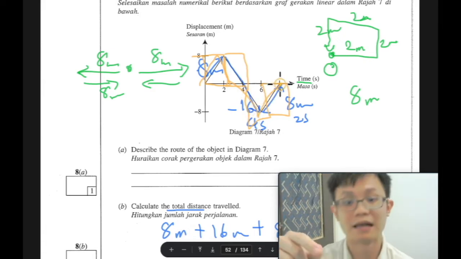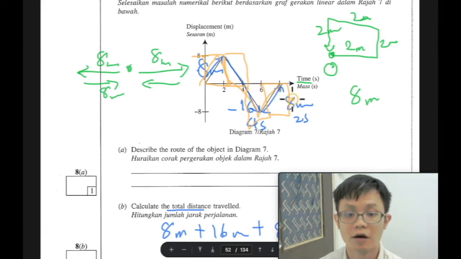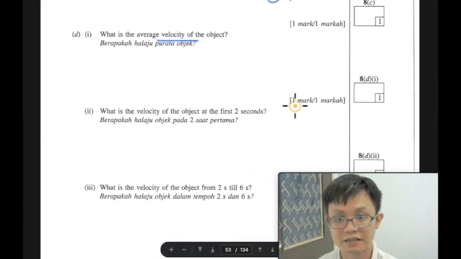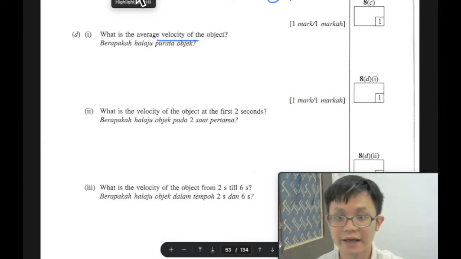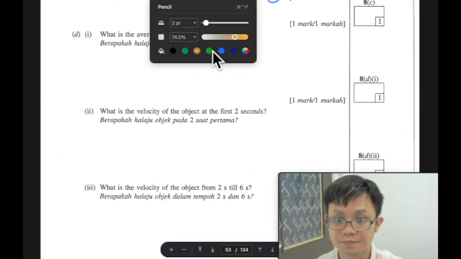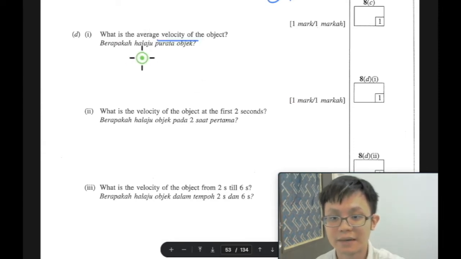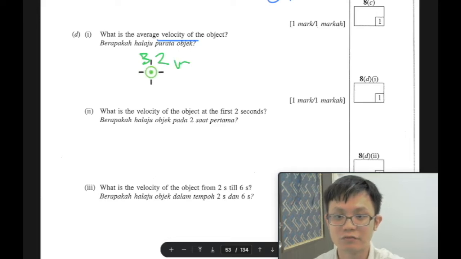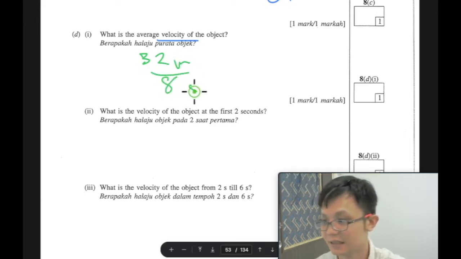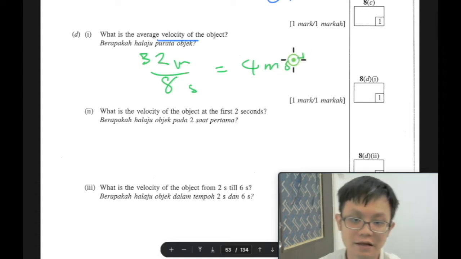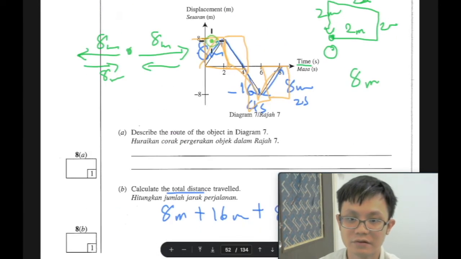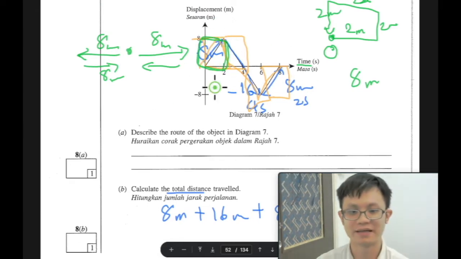He got an average velocity of 4. Of course you can write 32 meter divided by 8 seconds, so you still get 4 m s negative 1. But if you look here, you know already. I don't know whether you can see my drawing, but it is something like that.